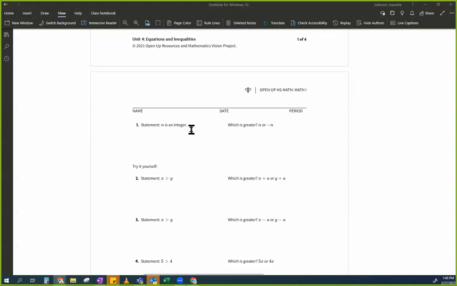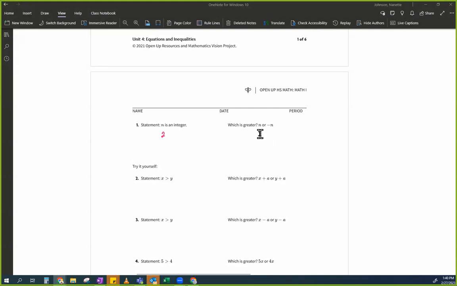So n is an integer. Pick a number. 2. Is 2 an integer? Everyone's like, yes. Which is greater, 2 or -2? 2. Yes. So n is greater in this case.